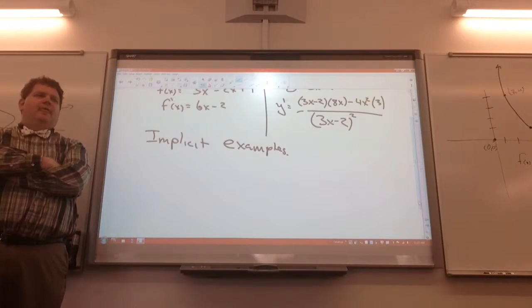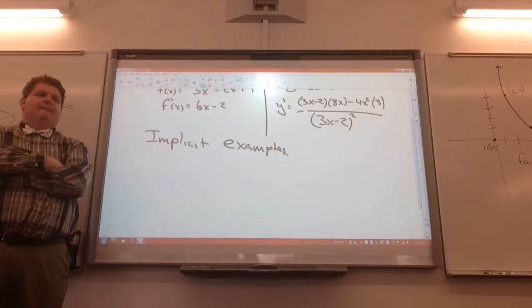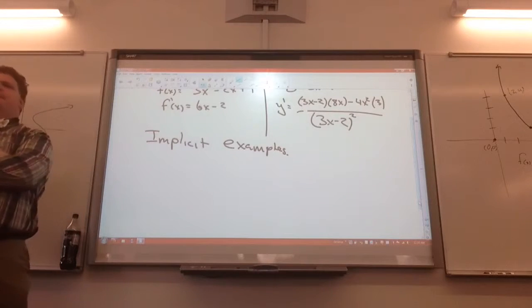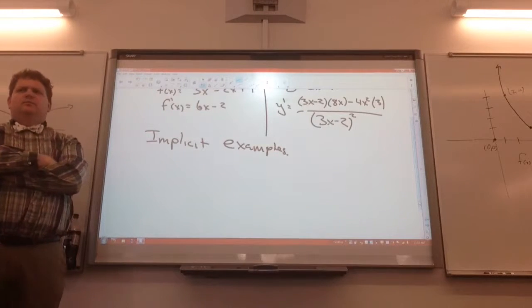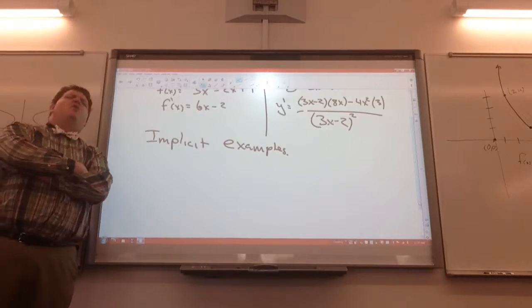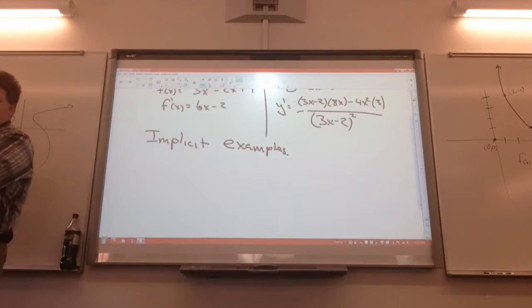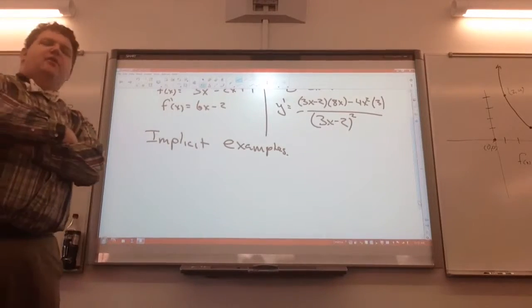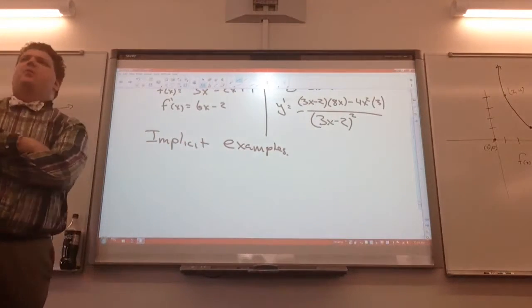Like f of x plus h? Not quite like that, because that's still just a matter of h going to 0, so that's not what I mean. I'm thinking more of an object.